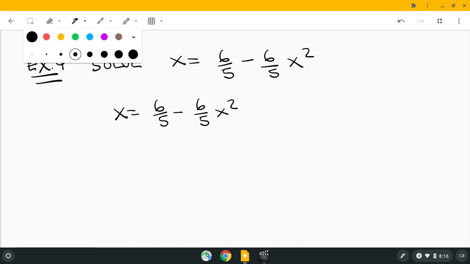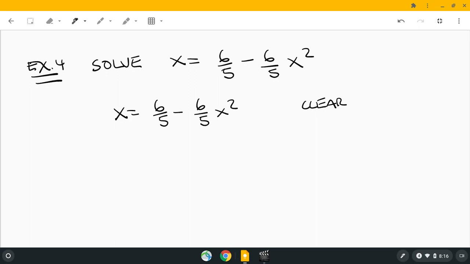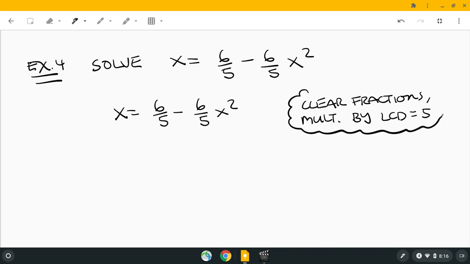All right, so we're going to go ahead and clear fractions first. We're going to get rid of them. And we do that by multiplying by the LCD, which in this case is 5. Okay, I'll use blue. So you have to multiply everything by 5, even the ones that are not fractions. And when you do that, the fractions cancel.